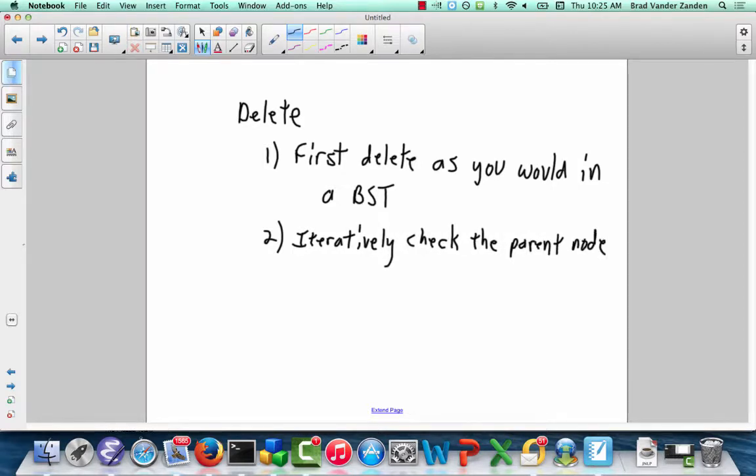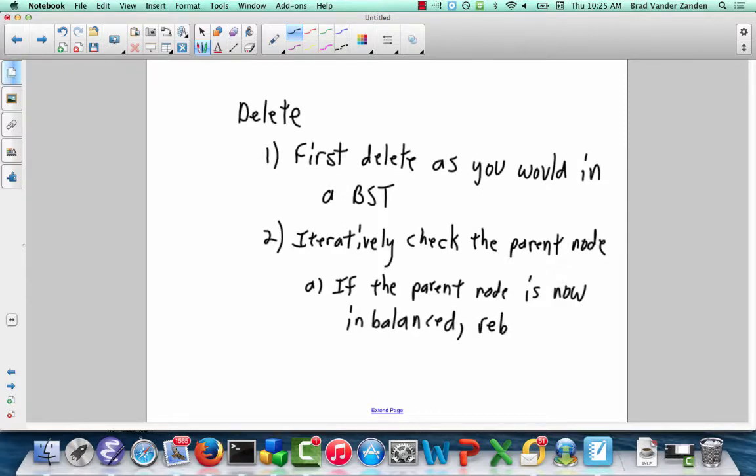Okay? And if the parent node is now imbalanced, you rebalance the parent's tree.